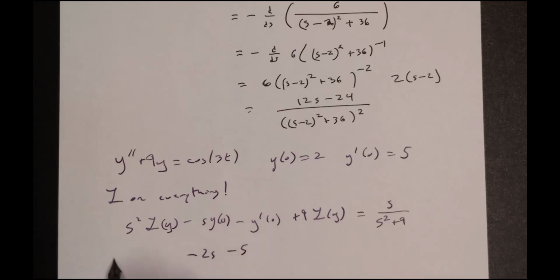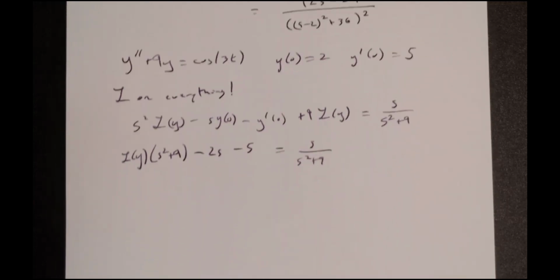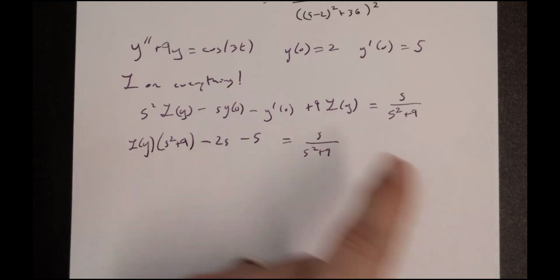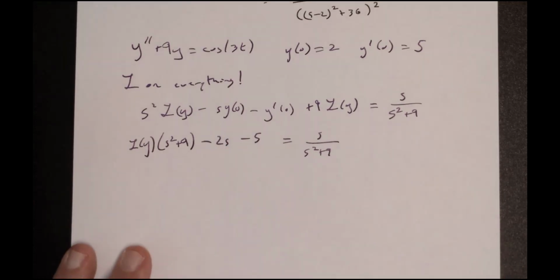I have the Laplace transform of y times s squared plus 9. And over here, I have s over s squared plus 9. Move these pieces over, then divide. I'm going to do them as 3 fractions.